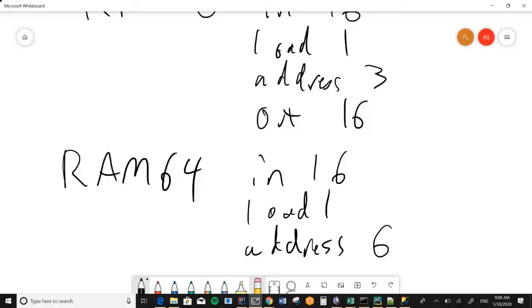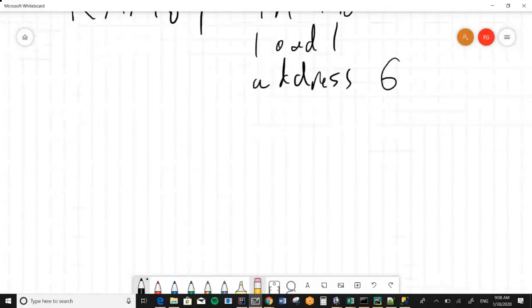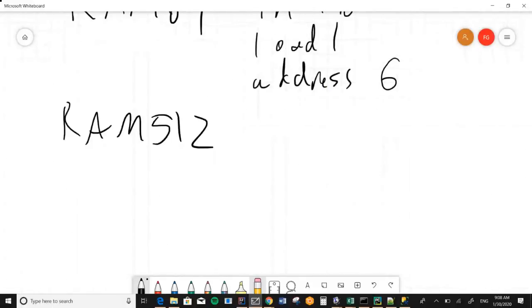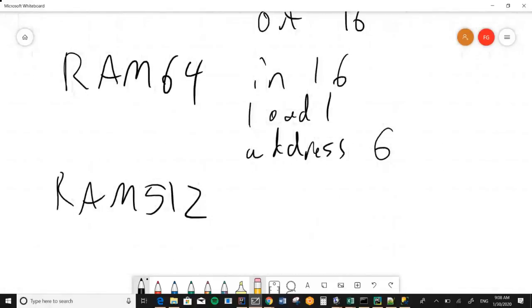Once we get beyond the RAM 64, giving the number of registers directly does in fact become unimaginable. What do I mean by unimaginable? The next chip is RAM 512. And this will have 16 input bits and 1 load bit.